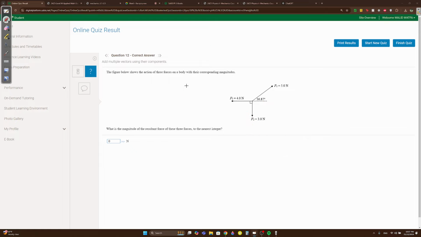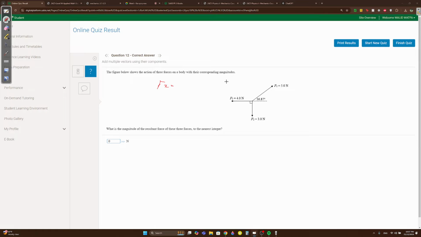Question 12. The figure below shows the action of three forces. What's the magnitude of the resultant force to the nearest integer? Okay, let's do it. And the angle is 36.87. Let's do it fast. Let's get the fx, fy.